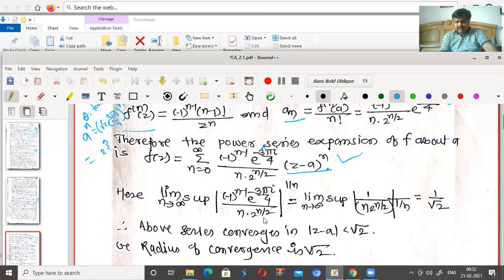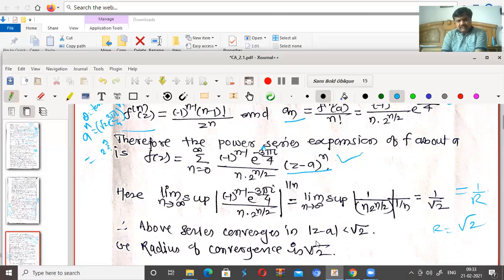So we have to take the modulus of this term, with the supremum. N cancels with n. As n tends to infinity, n to the power 1 by n is 1, and 2 to the power n by 2 to the power 1 by n is 2 to the power 1 by 2, that is 1 upon square root of 2. So this is our 1 by r, and therefore r equals square root of 2.